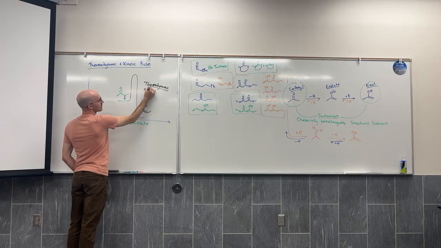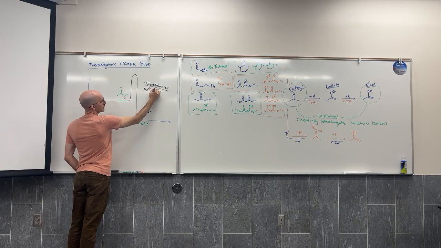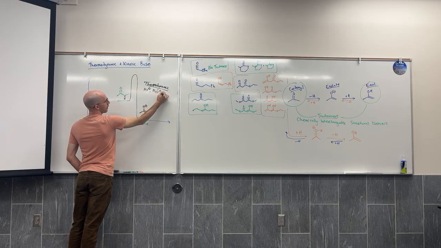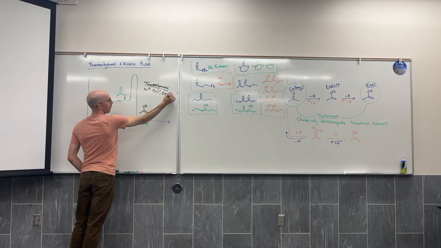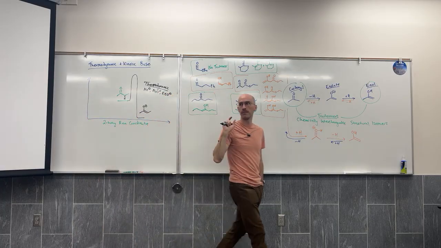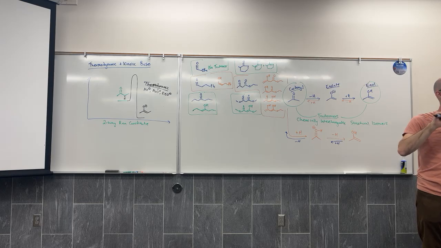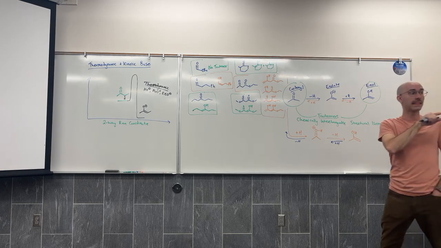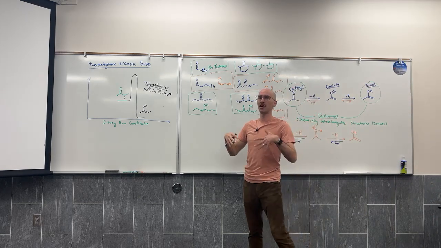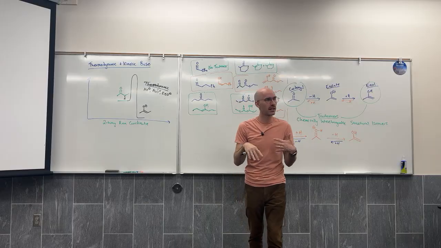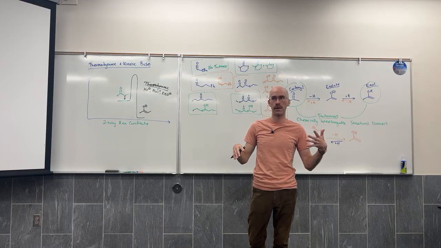We would use bases like hydroxide, methoxide, ethoxide. These are small bases. They're small molecules, meaning they don't bring that much steric strain. They don't bring a lot of repulsion with them.